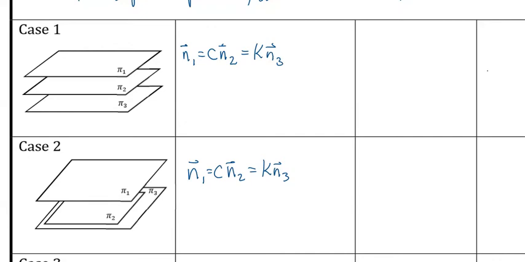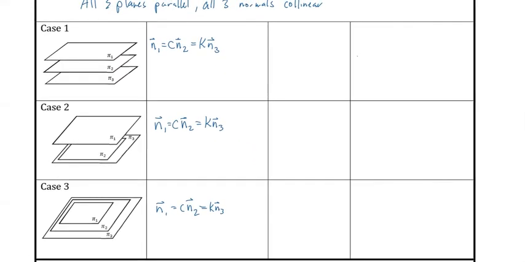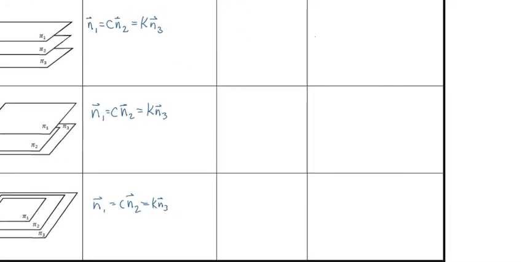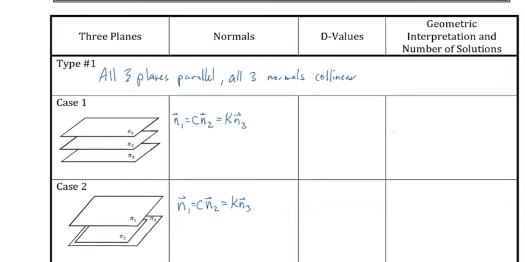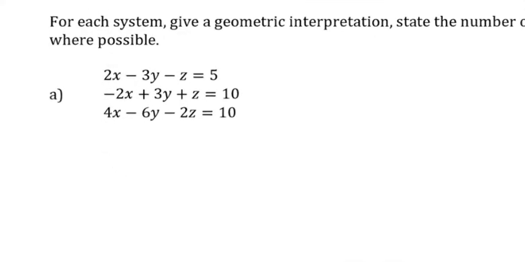Right off the bat, you know if you're type 1 because all three normals are scalar multiples of each other. How do I narrow it down further? The d value, by the way, I'm just going to scroll down to an example that I have here, is this, right? The d value is on the other side here, so it would be like negative d, but that's the d value that we were talking about. I remember on Friday, one group had a hard time figuring out what that was.